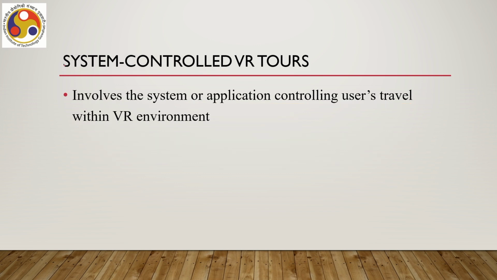As opposed to that, we have system controlled virtual tours. Here the system or application is in control of the user's travel within the VR environment. So, in case of user controlled tour, the user is controlling how to move, where to move, whereas in case of system controlled tour, the system is controlling how the user is moving in the virtual world and where the user is moving.